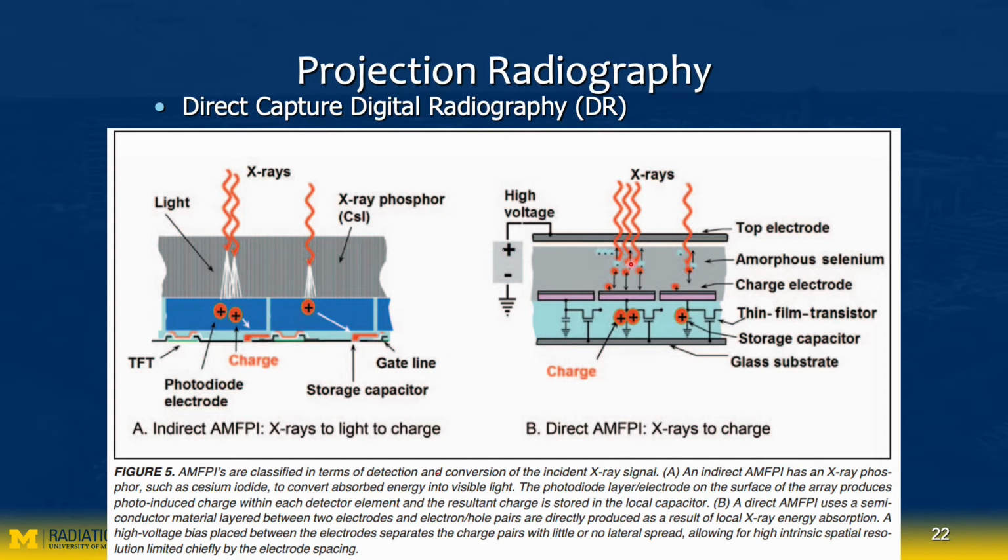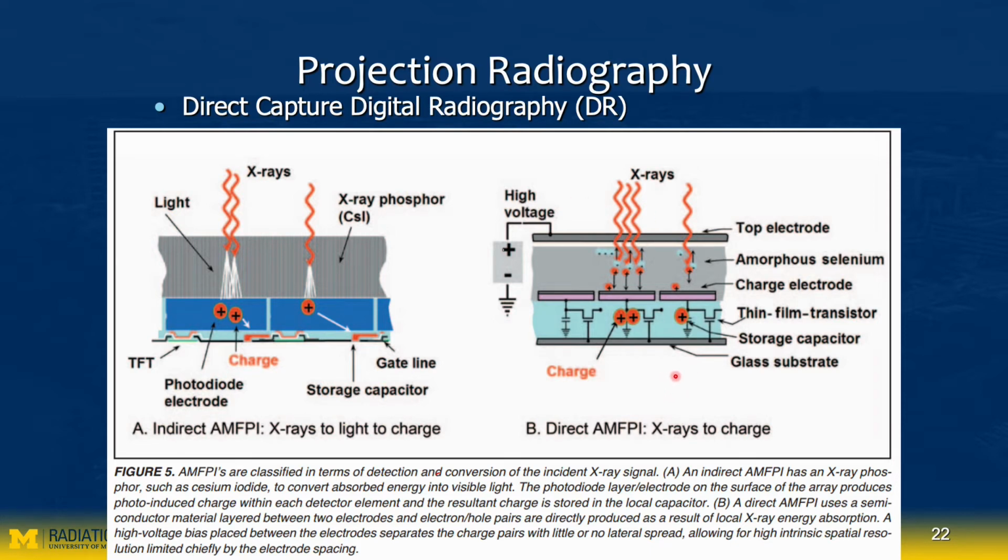Because there's a bias applied, the negative charge will go up and the positive charge will go down, and it'll be stored locally again. So there's no conversion between X-ray and visible light. The X-ray itself is collected directly. It has a great advantage in terms of image resolution, because there's no lateral drifting or spreading. So the direct DR has great resolution.